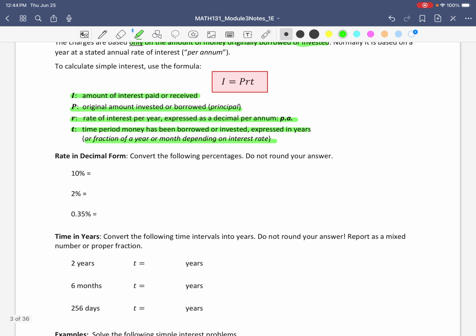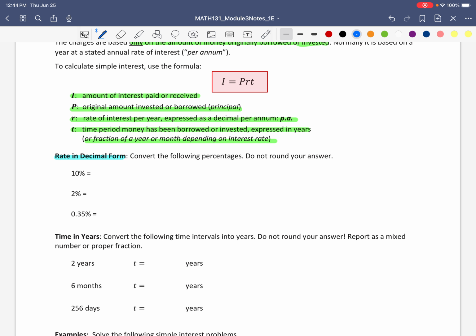So first, let's focus in on rate in decimal form. So what we just need to do is convert percentage into a decimal. And we want to make sure that we don't round our answer. So here, our first question shows 10%.